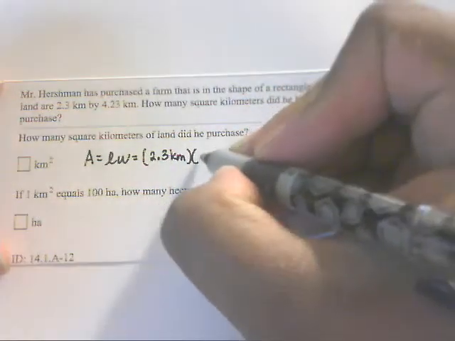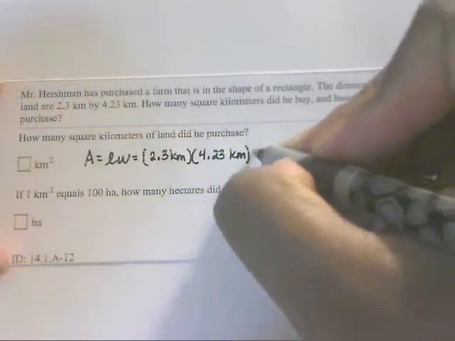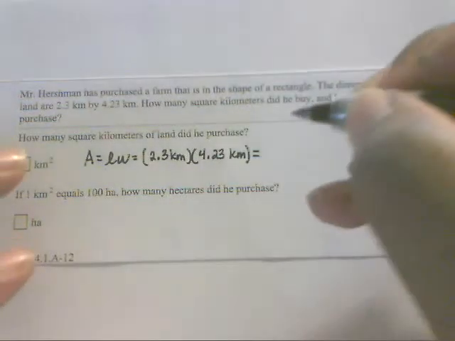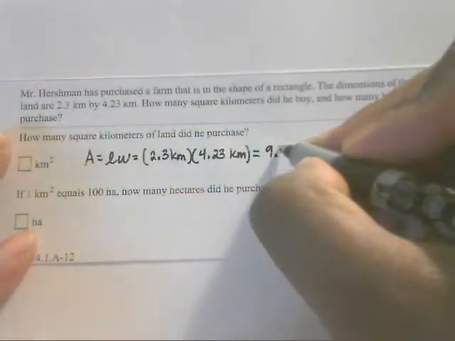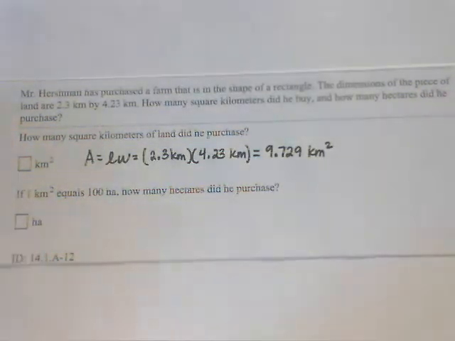We're going to multiply that by 4.23 kilometers. So we simply multiply 2.3 times 4.23, and you're going to get 9.729 square kilometers.